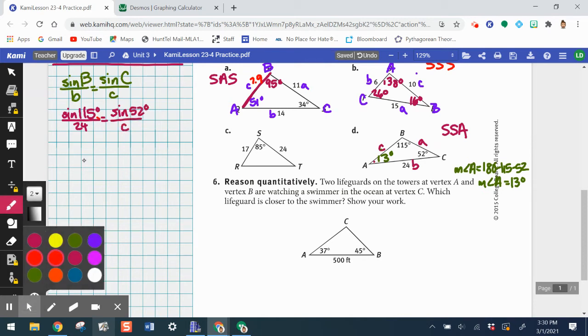So we're going to cross multiply. So we'll have 24 times the sine of 52 degrees equal to c times the sine of 115.